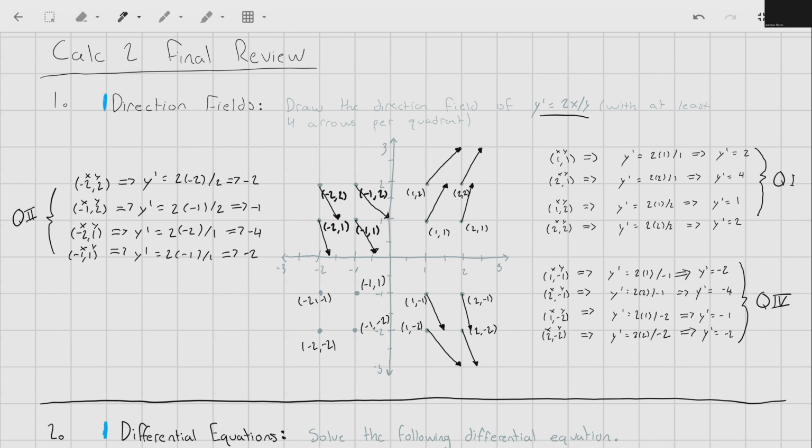So the top left one first would be -2, -1, x, y, y prime equals 2 times -2 divided by y, which is -1. That becomes -4, +4. So the slope here would look like a reflection of this one.